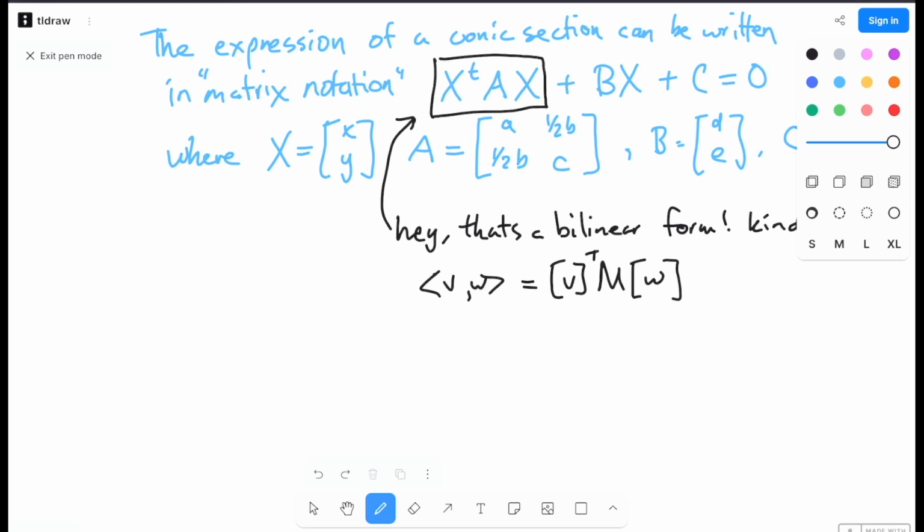This corresponds geometrically to something very natural. In general, a conic section looks something like, I don't know, maybe if it's a parabola, it might look something like that.